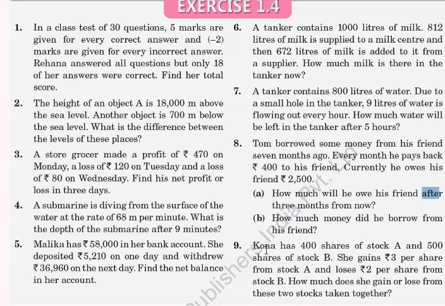Now here in question number 9, Kona has 400 shares of stock A and 500 shares of stock B, and she gains. The word gain is there. Gain means a positive sign, plus 3 per share, and loses means minus 2 per share from stock B. How much does she gain or lose in the two stocks taken together?